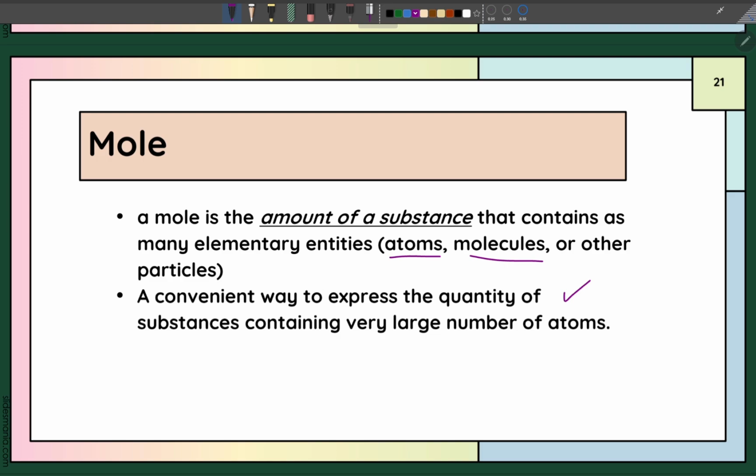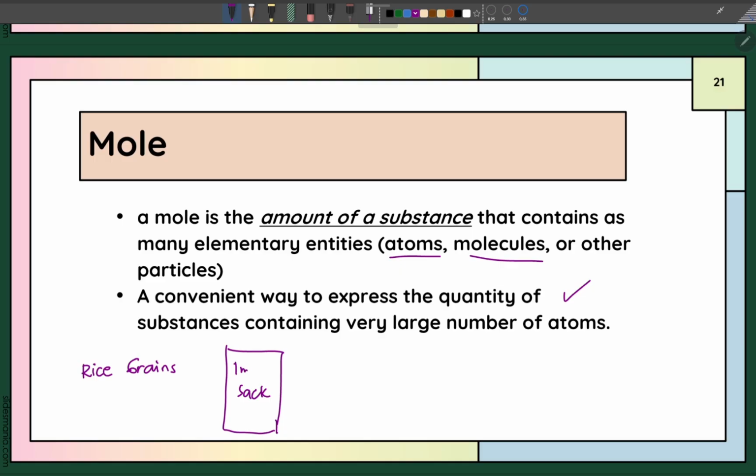Okay, so I'm using grains of rice as an analogy. We put this rice in a sack of rice. This sack of rice will be equal to 1 mole.